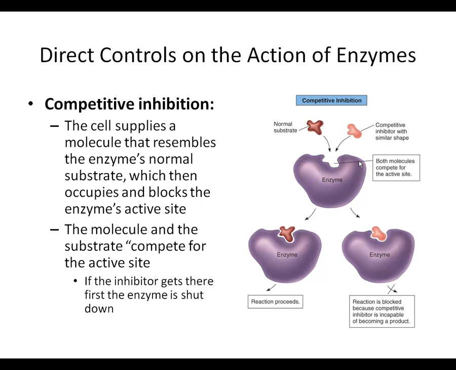If the normal substrate binds to the enzyme, then the enzyme begins to activate, that reaction takes place, and we end up with product. So if product needs to be turned off, then that competitive inhibitor is going to bind to the active site. It's going to block the substrate from binding, and the reaction is going to be blocked and no product will be made.